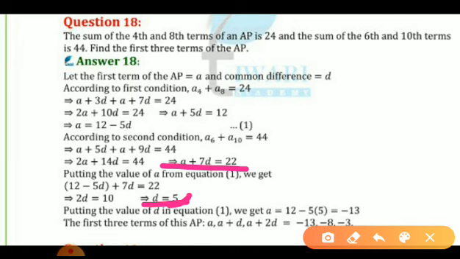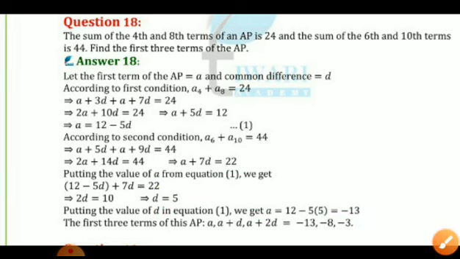Then using this D equal to 5, you will get A is equal to negative 13. Right. So I have my first term and I have the common difference. So can we write the first three terms of the AP? Yes, sure. Because the first three terms will be A, A plus D and A plus 2D. So accordingly, you will get the first three terms as minus 13, minus 8 and minus 3. Clear?